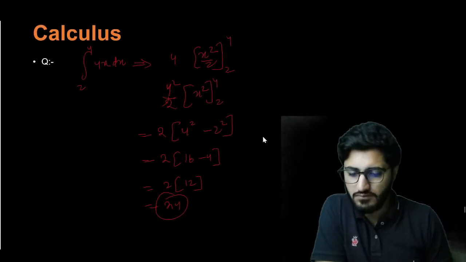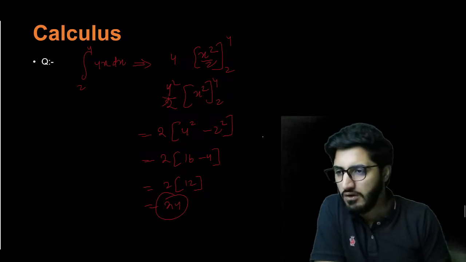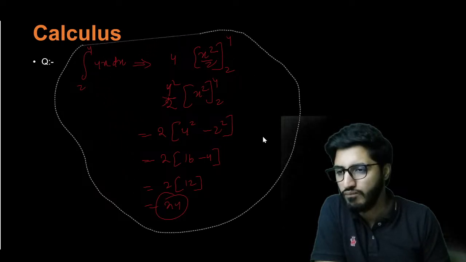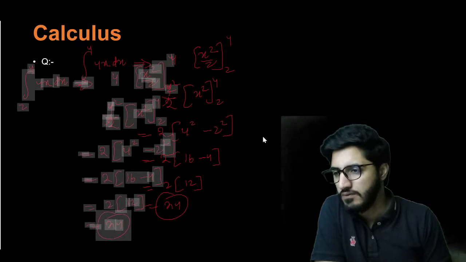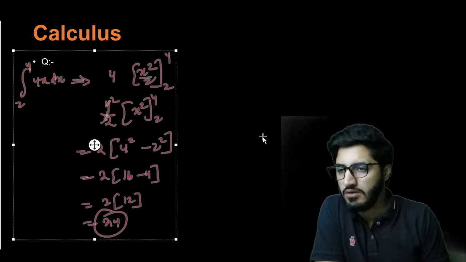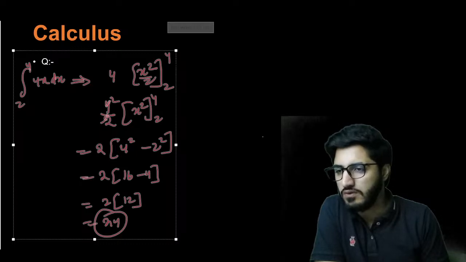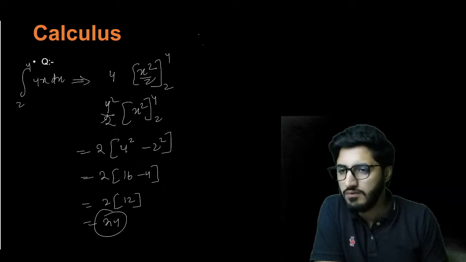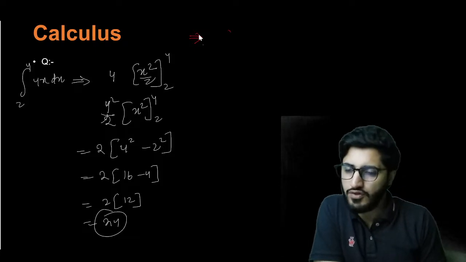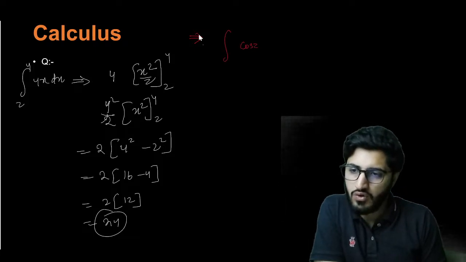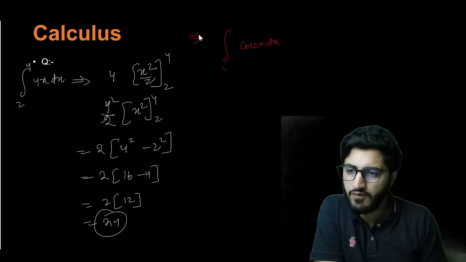Okay, one more. Look now, we have the integration of cos 2x dx from 0 to pi.